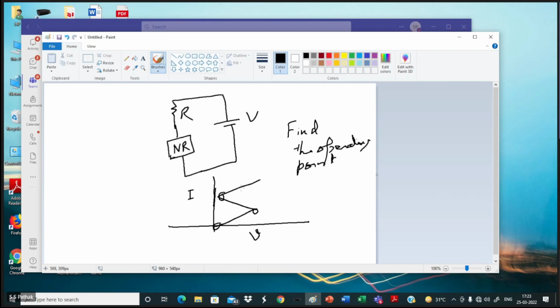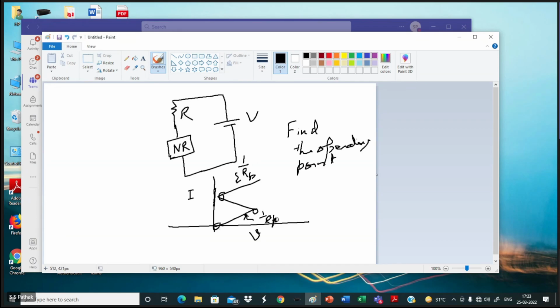If this slope is the forward resistance, your positive resistance, then this slope and this slope will be the same. The slope is 1 by R positive, and here this slope will be 1 by R negative. R positive is given to you in the form of these coordinates.